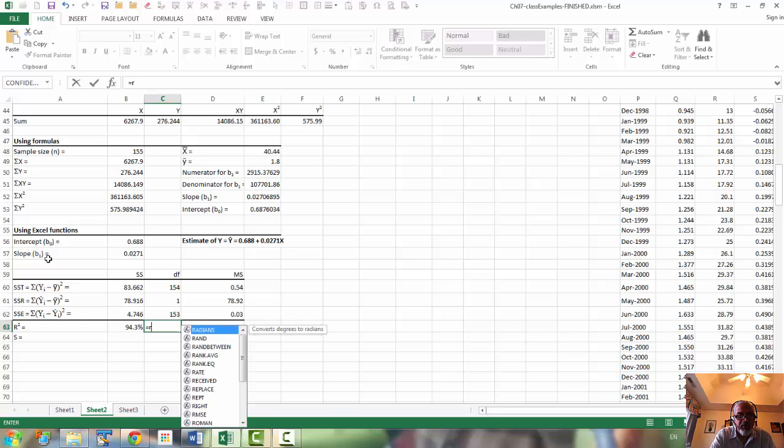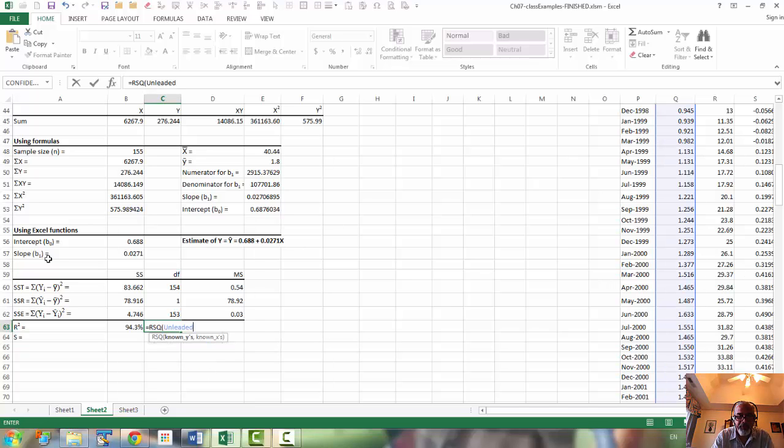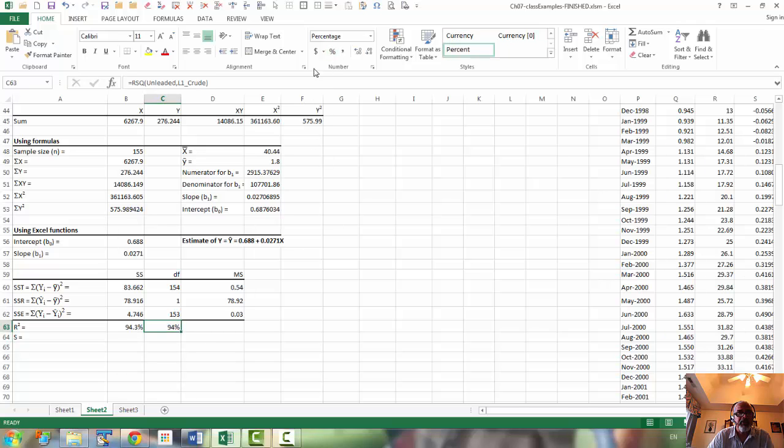RSQ is the name of the function, and then you give the Y range and the X range, so unleaded, L1 crude, and there you go. So there are several ways of getting the same value: divide SSR by SST or use the RSQ function.